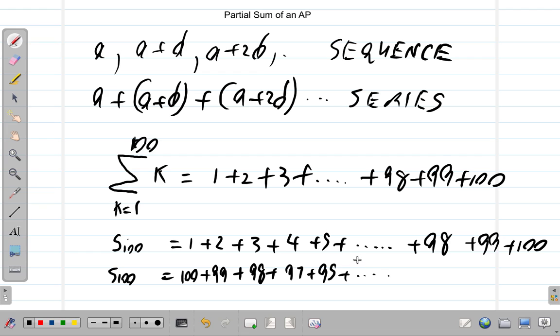Oh, I skipped 96, so it should be 96 here, plus 96 and so on. So this is plus 3 plus 2 plus 1.